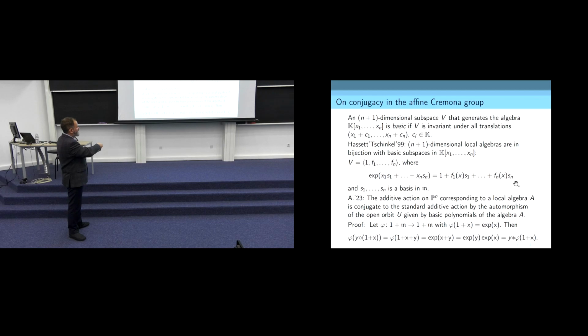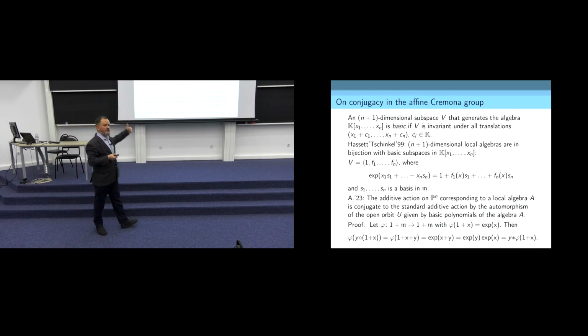The exponent is again some element of the maximal ideal plus 1. And the coefficients are some polynomials. So this is not immediately obvious, but this is checked in the Hassett-Tschinkel paper, that 1 and these n polynomials span such a subspace. And conversely, any such subspace corresponds to a local algebra in this sense. Okay?